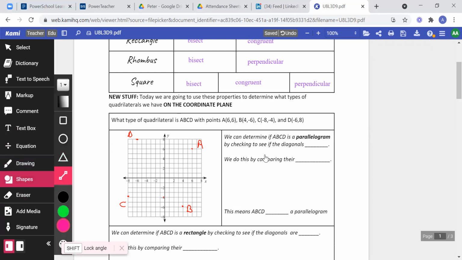Okay, let me pick shape. I joined A to B, B to C, and C to D. And I got something like this. So this is A, B, C, D.